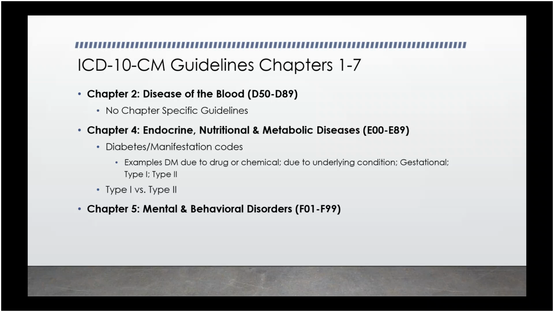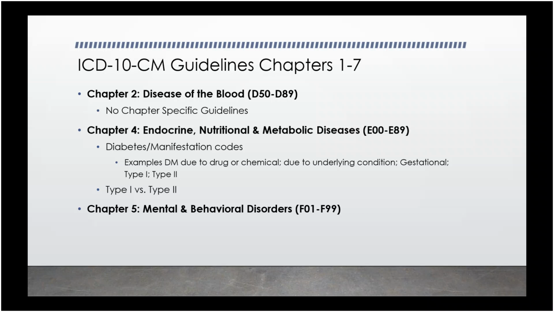Chapter 5 is mental and behavioral disorders. This includes dependence on alcohol, drugs, and narcotics. We've got our depression codes here for mild, moderate, severe, full remission, and recurrent. The other thing that you want to be very aware of, especially with drug coding, is that we're looking at hierarchy here.